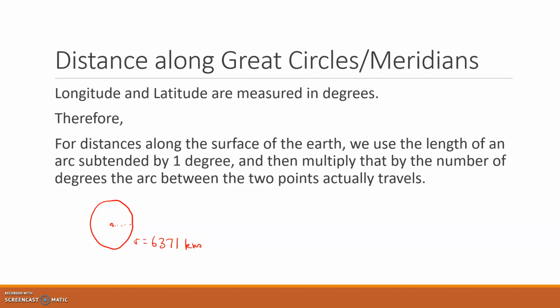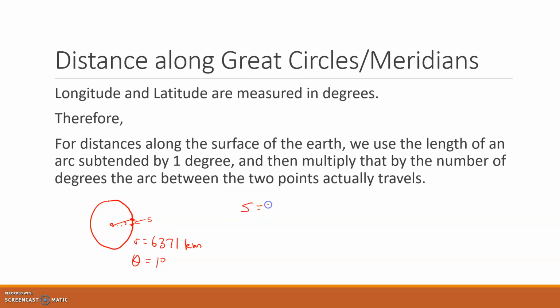Now, what I want to know is, what is the arc length of an arc that's subtended by just 1 degree? So I've got in here an angle of 1 degree, and I want to find out what is the length of that arc there, and I'm calling it S. So the arc from that point to that point.